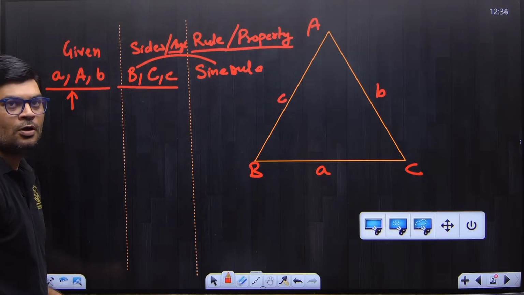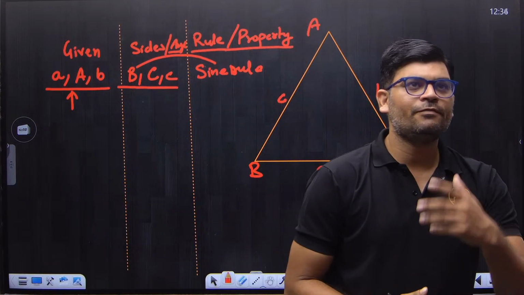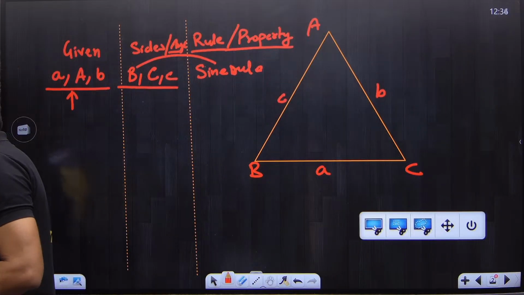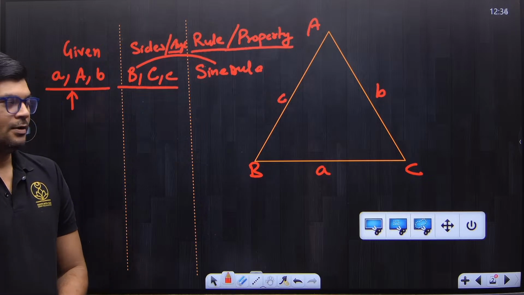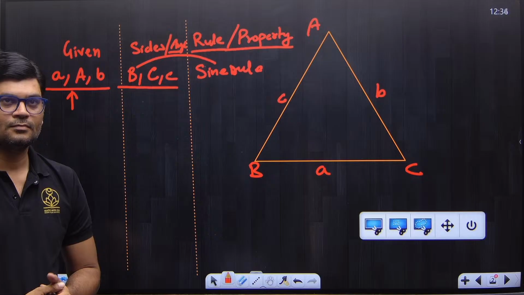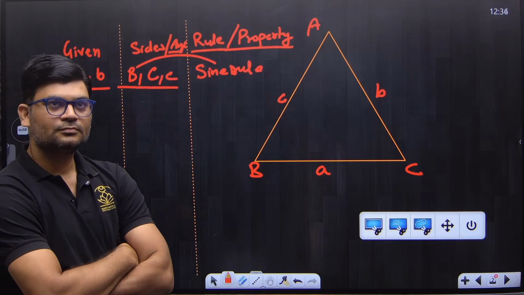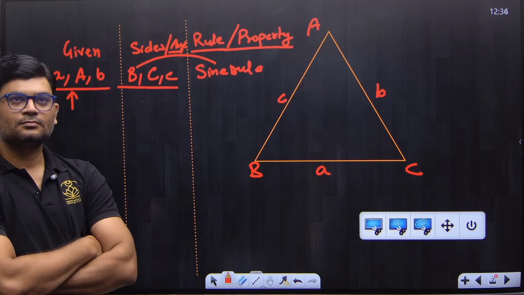Now, what is the next thing that you can find, Akriti? After finding angle B, what is the next thing that you can find? So you have angle B now. You have two angles and two sides, so you can find angle C using cosine.